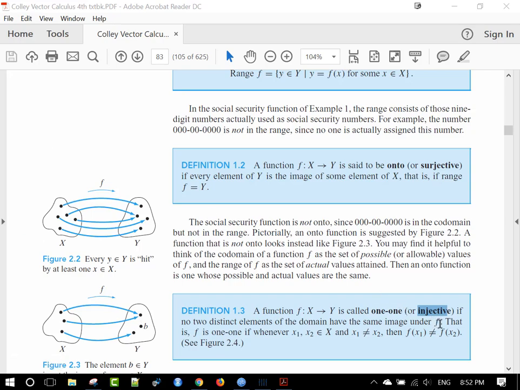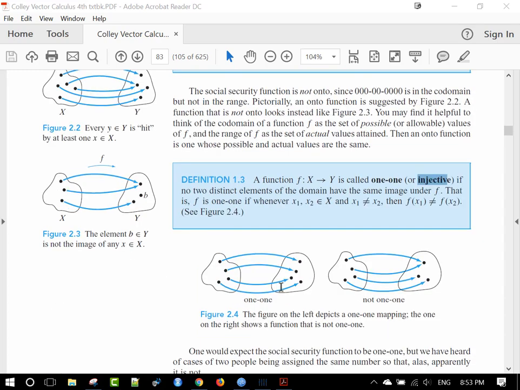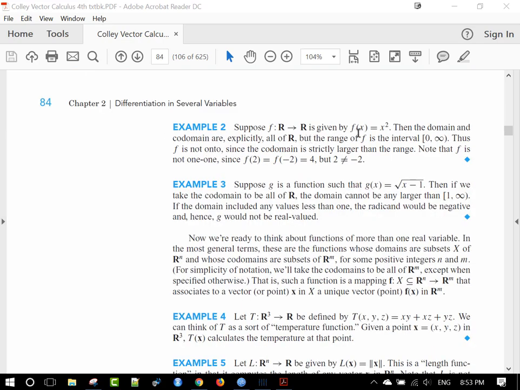More formally, we say f is one-to-one if whenever x1 and x2 are in the domain and they are not equal, then f of x1 cannot be equal to f of x2. If that's true, then this is called an injective function, or one-to-one function. So again, this is one-to-one, but this is not, because there are two going to the same one.